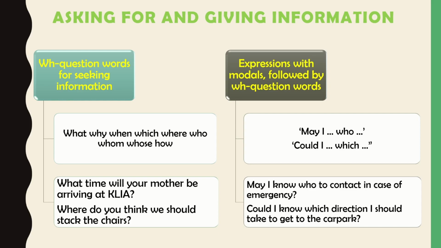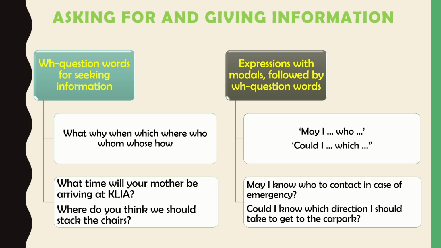But why is when you want to ask for the reason. When is when you want to ask the time. Which is when you want to focus on a particular thing. Where is when you want to look for the location. Who and whom are for the person or people involved, and the same with whose. And how is for the method.